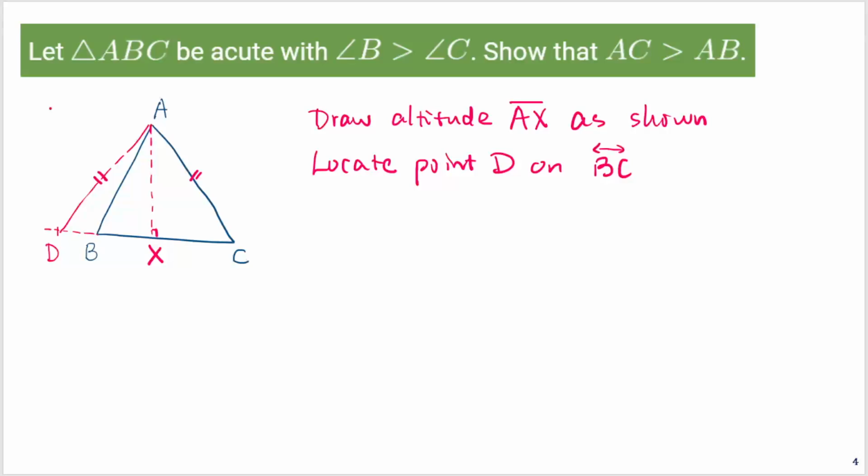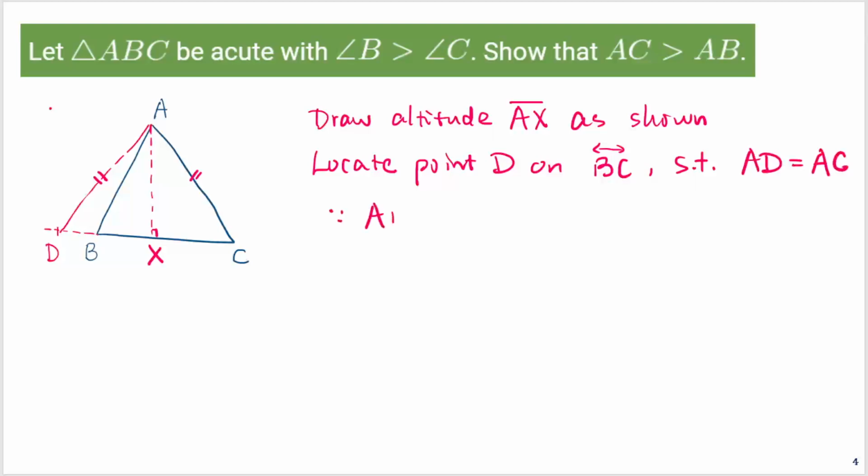So here we need to use a line because you don't know whether it's on the left side of B or the right side of B, right? We don't know where the point D is. Locate point D on line BC such that AD equals AC.